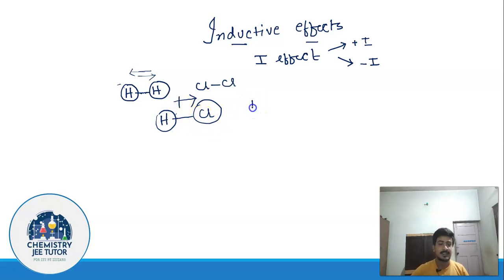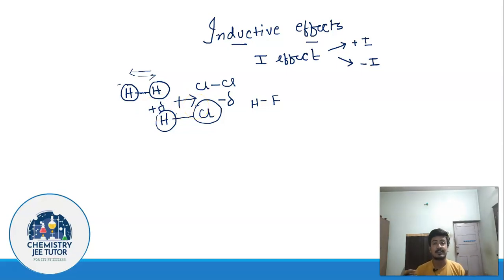The same happens with HF or any heteronuclear diatomics you consider. Where there is a difference in electronegativity, the more electronegative atom will definitely tend to attract the electron cloud towards itself. So when it does, this is definitely going to attain some kind of a delta negative character, and this a delta positive character.